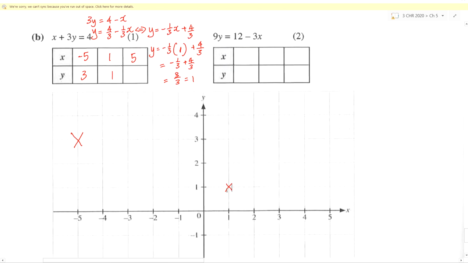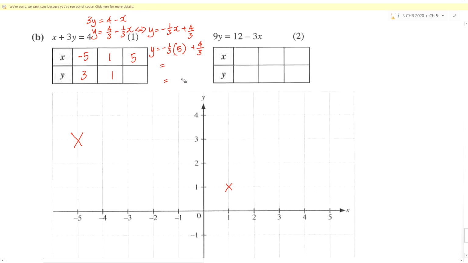Now next, let us choose a value for x. Another point, we need 3 points. So is x equals to 5 a good choice? So we can calculate this really quickly. 4 over 3 minus 5 over 3, no, I will still need to do some estimation. So that is not a good choice.